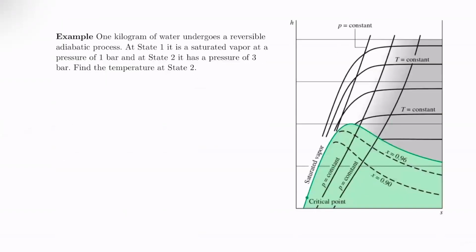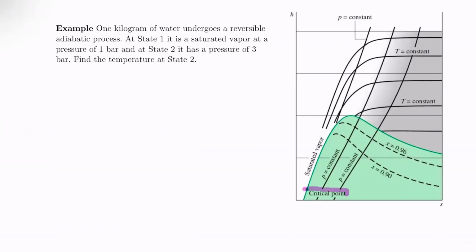Our critical point is all the way down here. All right, so because it's way down there, that's why we're not showing any liquid information on this chart. So everything in the green is a saturated liquid-vapor mixture, and everything in the gray scale is superheated vapor.